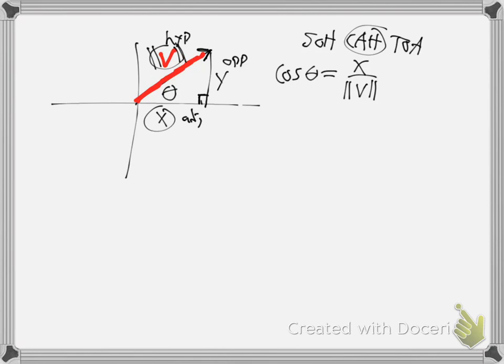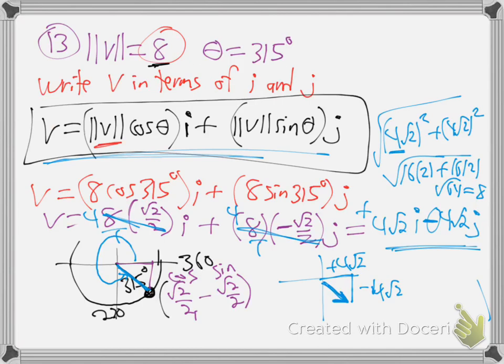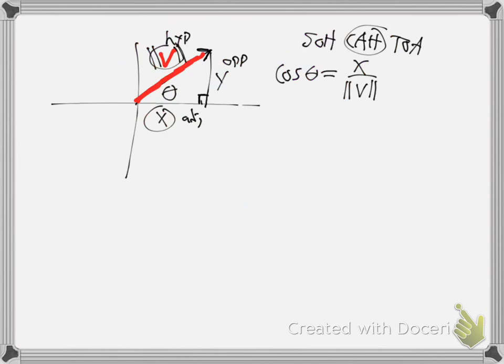So cosine of theta is adjacent over hypotenuse. So how do you solve there for x? How do you get x alone? Why do we want x? Because x is how far to the right. y is how far up and down. Right? How do you solve for x?